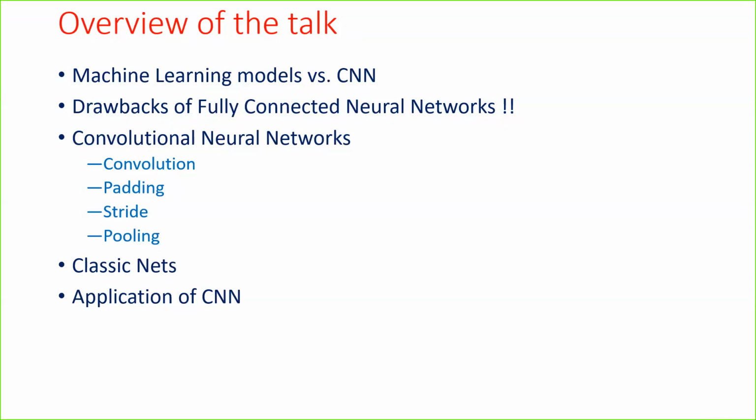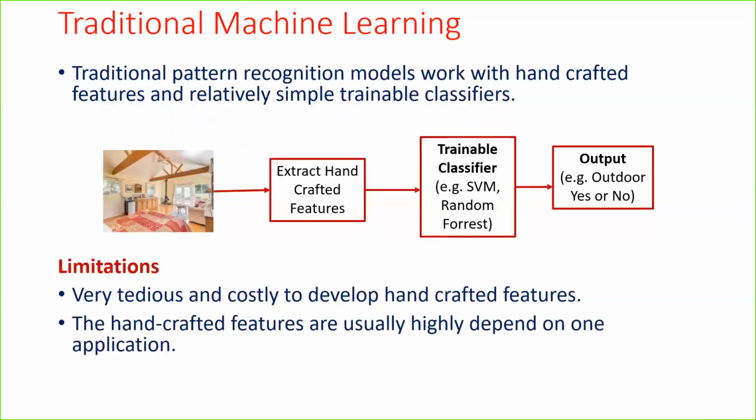What is the difference between the traditional machine learning models or the pattern recognition models versus the convolutional neural network? Traditional machine learning models work with handcrafted features and relatively simple trainable classifiers.